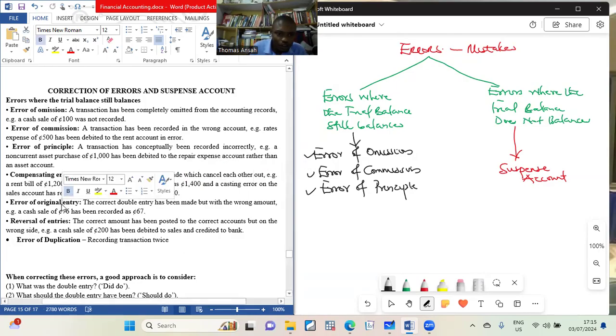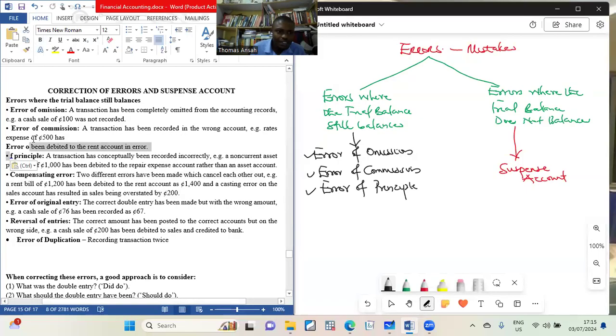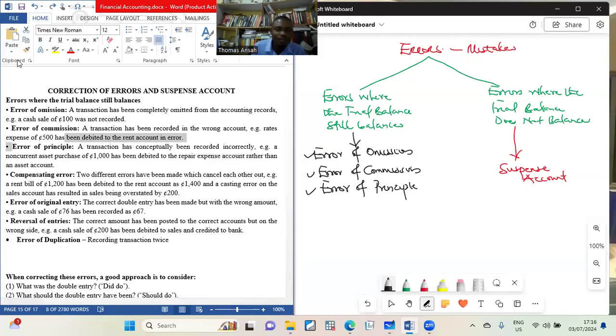Then we have error of original entry. As you can see, this one has similarities with the error of principle. The principle here is about assets, liabilities, income, and expenditure. But by original entry, we know that we have how many original entries?